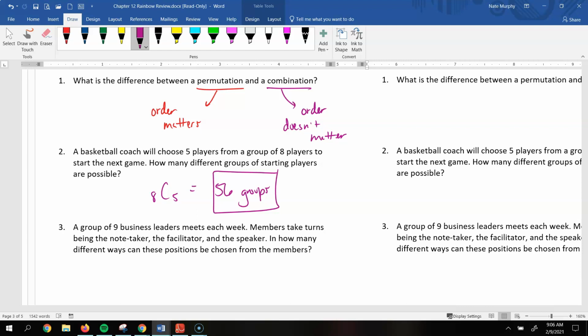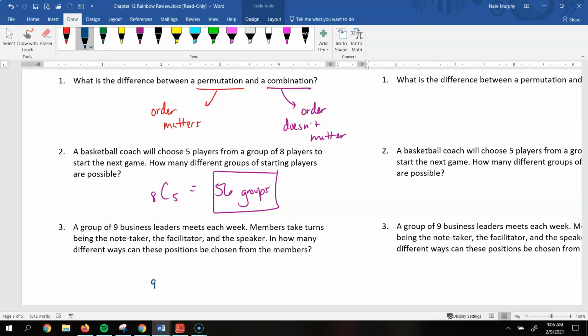Let's look at number 3. A group of 9 business leaders meets each week. Members take turns being the note taker, the facilitator, and the speaker. How many different ways can these positions be chosen from the members? Here the order does matter, because you have 3 specific tasks. It's not just 3 that are being selected at random. So this would be a permutation.